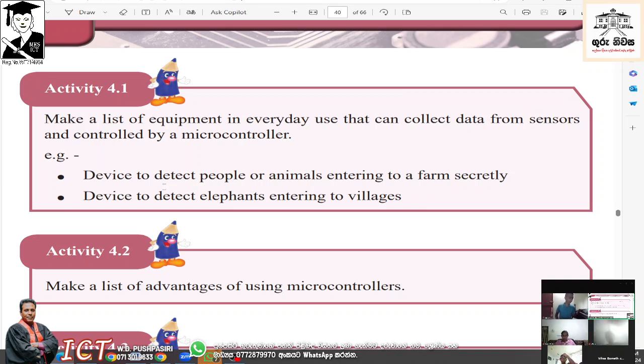Good. Okay. Vihas? Devices that auto open doors, sensors which detect light, sensors which collect information and other things. We are not asking about the sensors, we ask about the equipment.